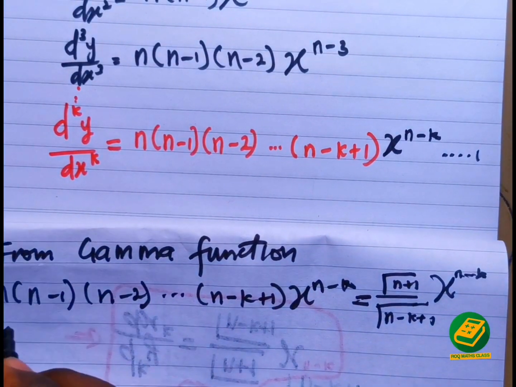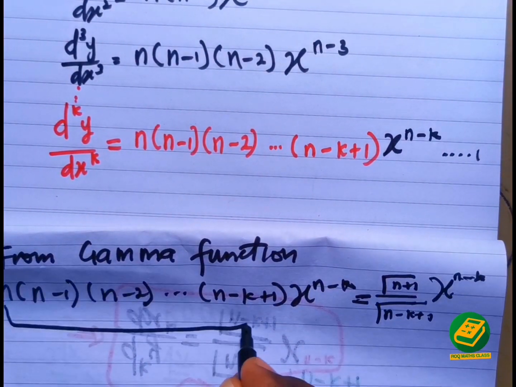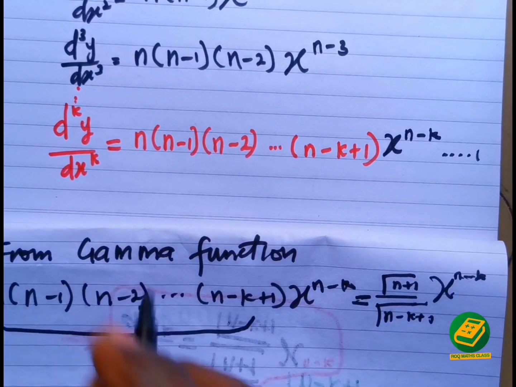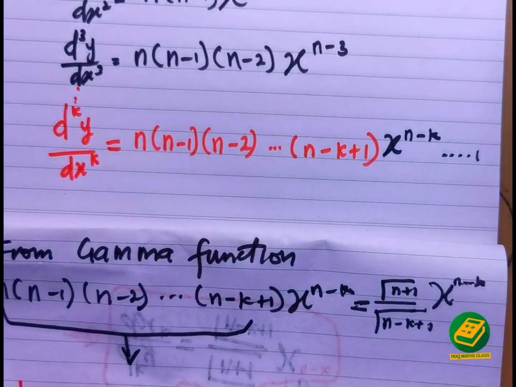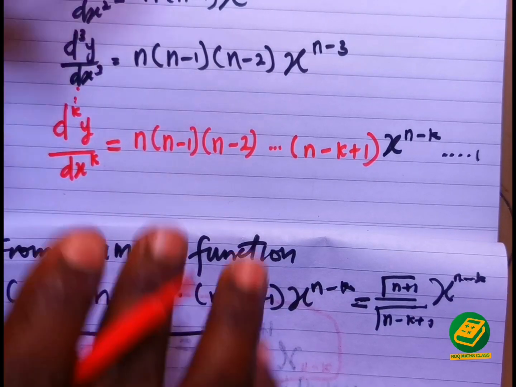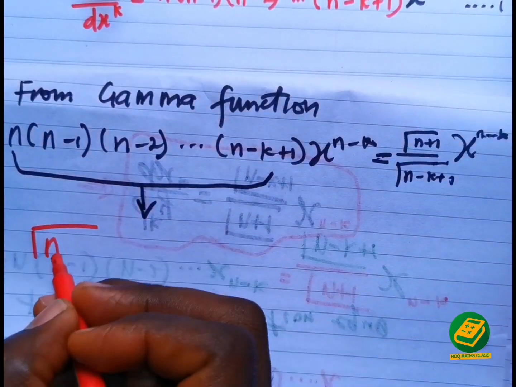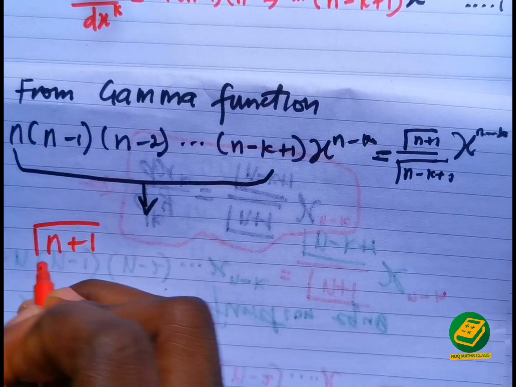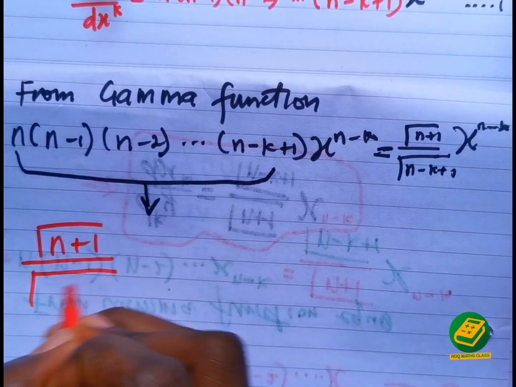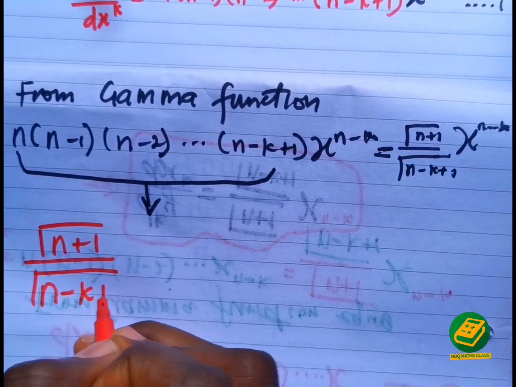That is, from here to this part is equal to gamma of n plus 1 all over the gamma of n minus k plus 1.